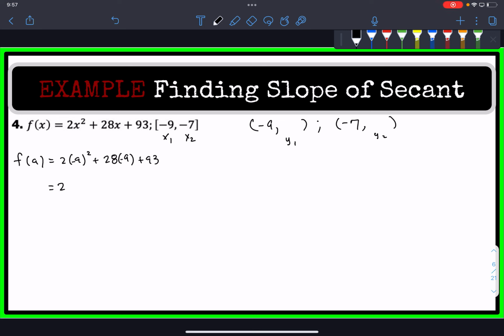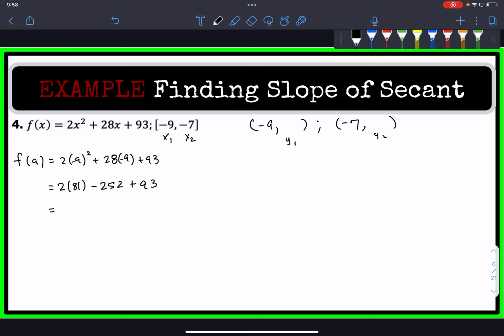So 2 times -9 to the second power, that's equal to 81. 28 times -9, that's equal to -252 plus 93. Well, 2 times 81, I should have done that also.